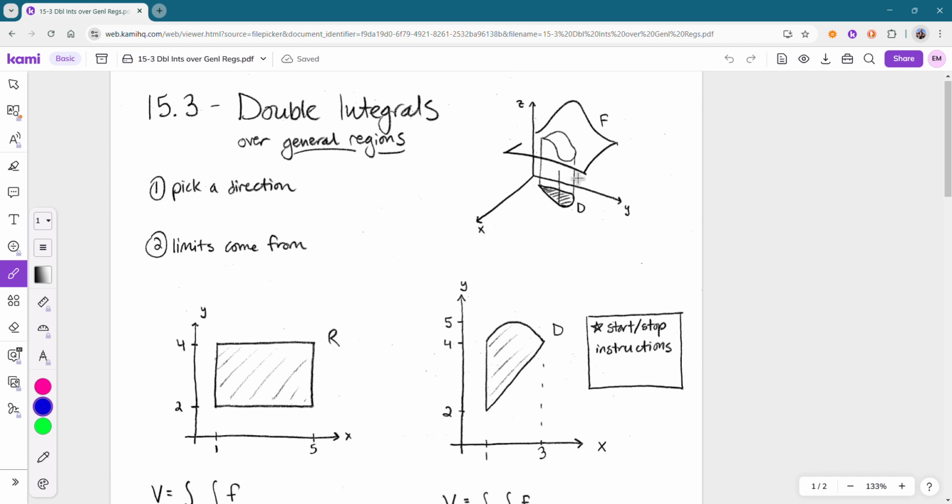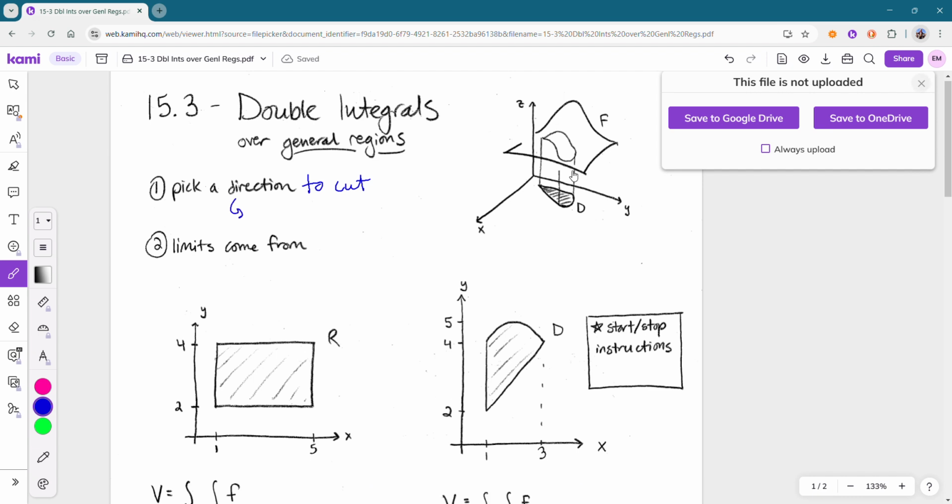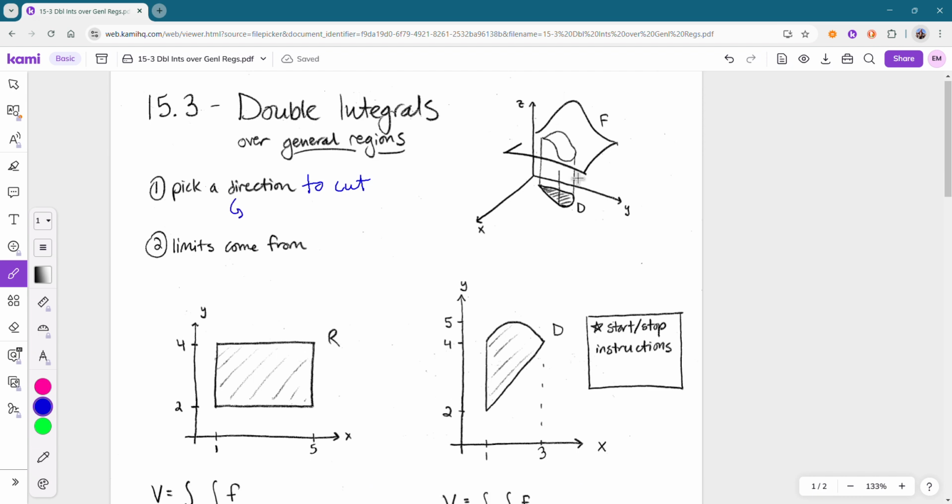First, we want to pick a direction to cut in. And this amounts to setting one variable and moving the other.